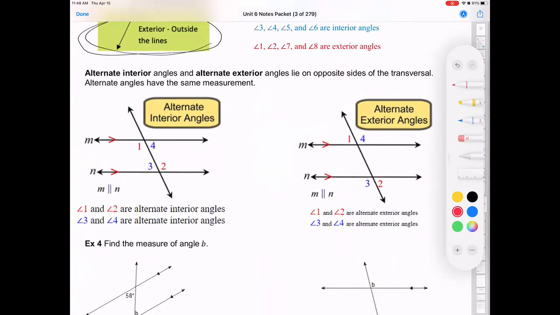Anytime you hear the word alternate, you can immediately think opposite. It's like the opposite side. And the interior and exterior, you pretty much already have down: the angles on the outside versus the angles on the inside. So anytime it's referencing alternate, think opposite sides of the transversal.